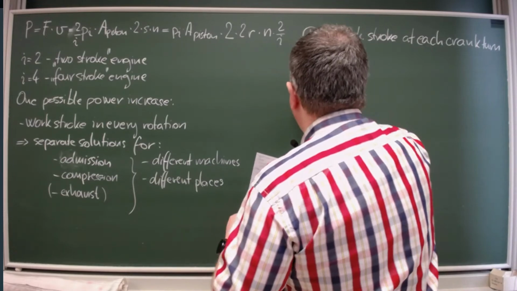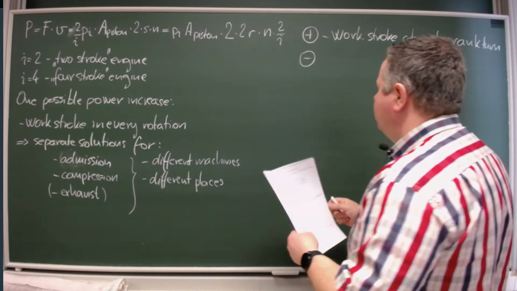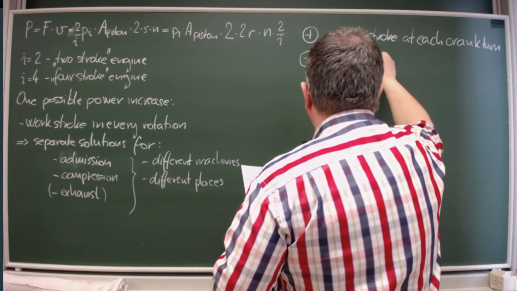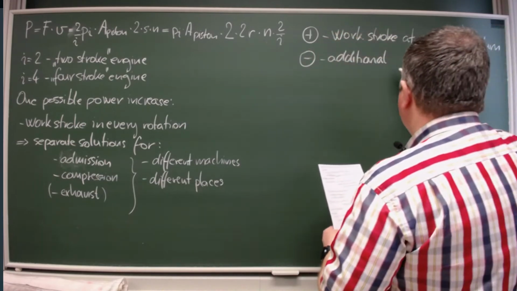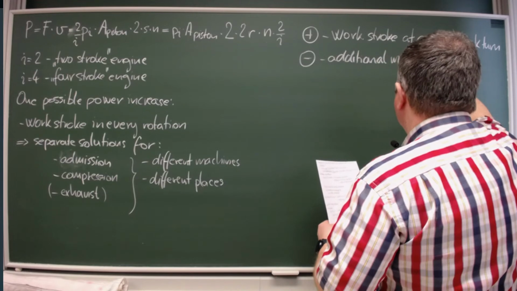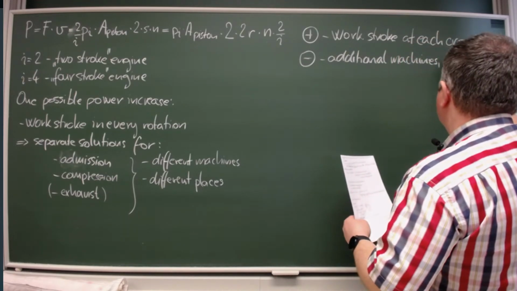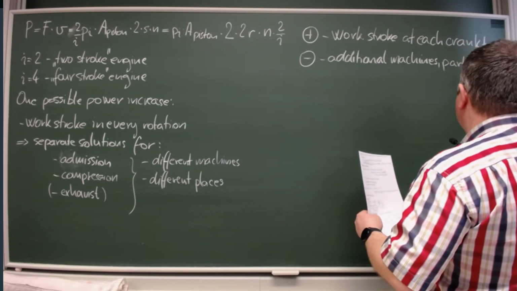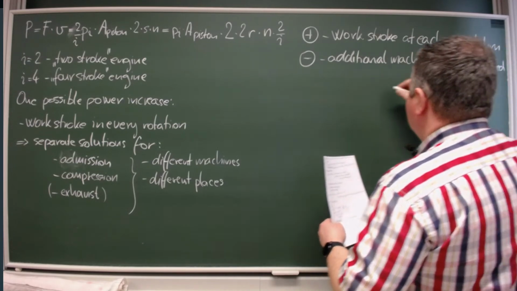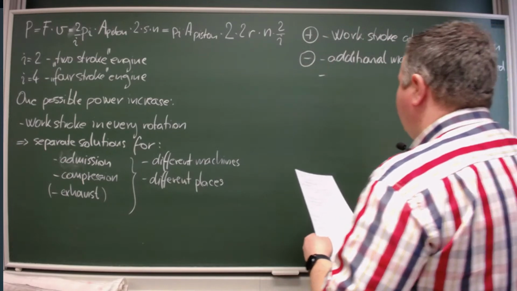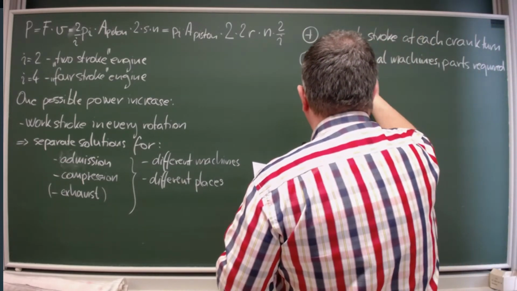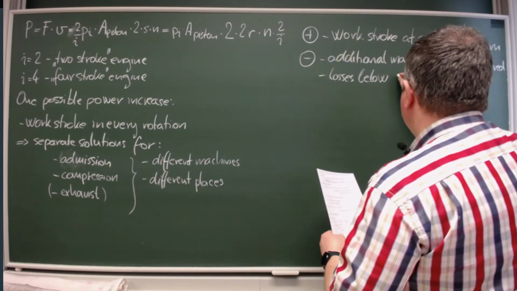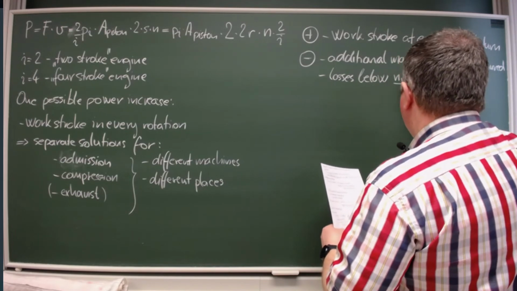And disadvantage for sure, I will have additional machines, parts required, and usually losses below, let's say losses below N max divided by 2 RPM.